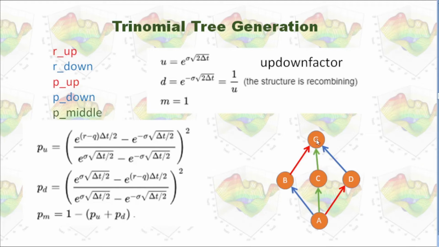You can reach G from point B or C or D. Now we have to consider the probability of going up, meaning this one. You see, I use red color for up. And also the rate going up is R up here. You have to consider this one.